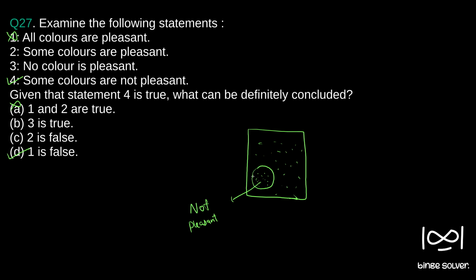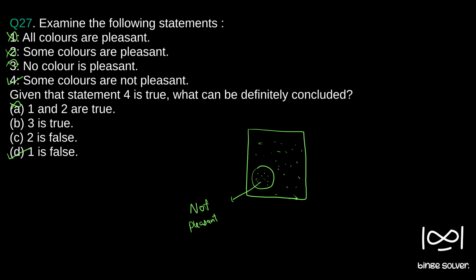We don't know. We only have information about some colors. We know that these colors are not pleasant. So we can say all colors are pleasant is wrong, since among all the colors, some colors are definitely not pleasant. We don't know about the pleasantness of the other colors. So some colors are pleasant, we don't know. No such information is here. No color is pleasant, we don't know. Maybe out of these colors, some colors are pleasant, we don't know, so we cannot make this conclusion either. The only conclusion we can make is 1 is false. That is why the solution to question 27 is D, 1 is false.